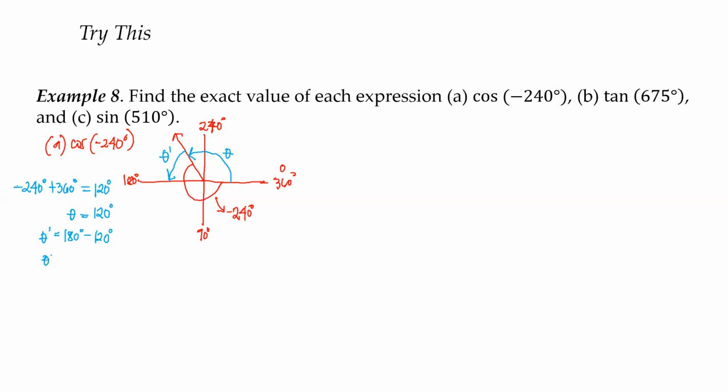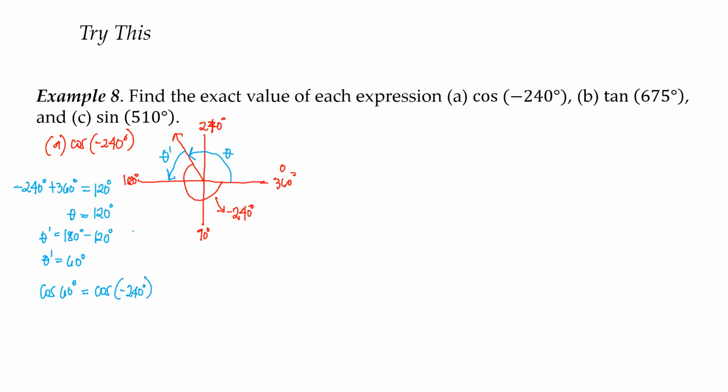So theta prime is equal to 60 degrees. If theta prime is 60 degrees, this means that cosine 60 degrees relates to cosine of negative 240 degrees.